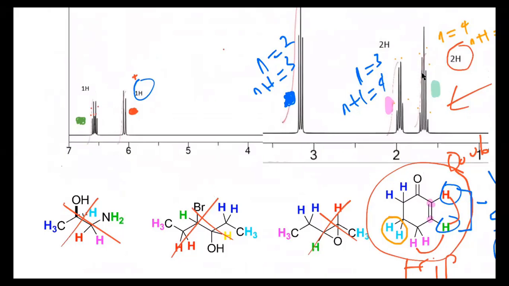You apply the same rules, but when you have what's called complex splitting, with systems like ABX systems and AMX systems, where you have three different types of protons that split one another, that's when you start seeing those complex splitting patterns. But I'm going to leave that alone. I don't want to take you out too far in the deep.